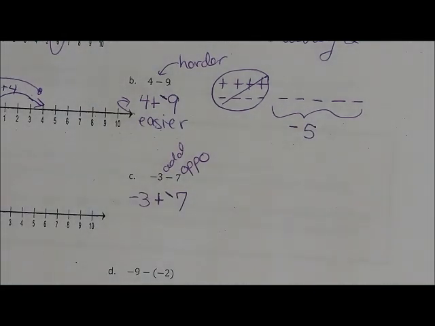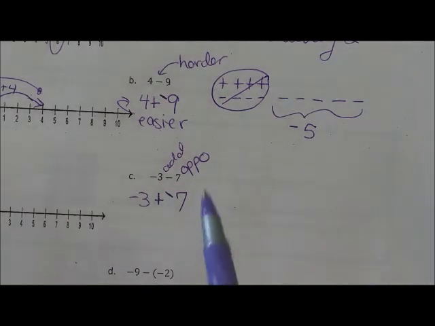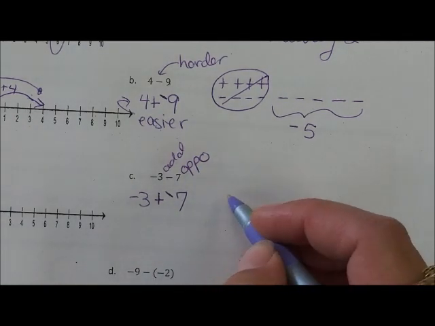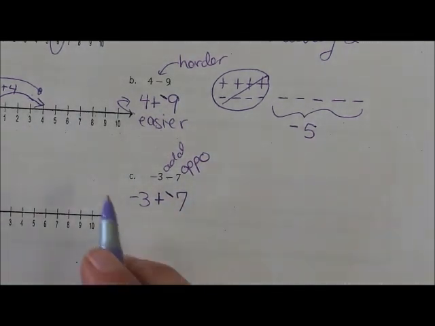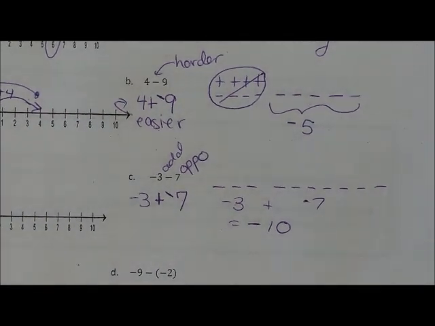Please remember, not every question is going to be adding a negative, but the opposite of a positive is a negative. So please remember, if you see subtraction, change it to adding the opposite. Subtraction's adding the opposite. Now I want you to draw the 3 negatives and 7 negatives, and then tell me the answer. 3 negatives and 7 negatives make 10 negatives.